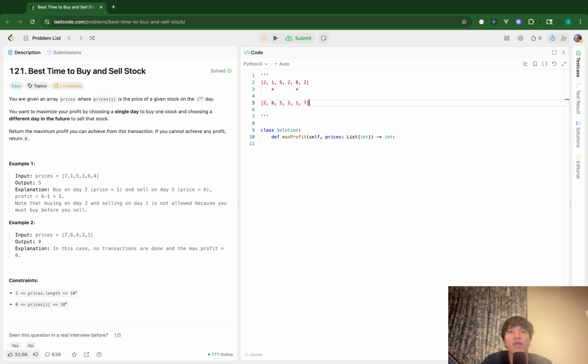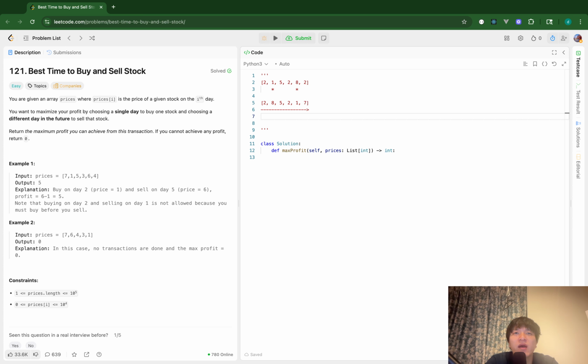Obviously, the brute force approach is that I choose every combination of sell date and buy date, and I calculate the profit, and then I get the maximum one. So it will take n squared time. But I think I can solve it by traversing in one pass.